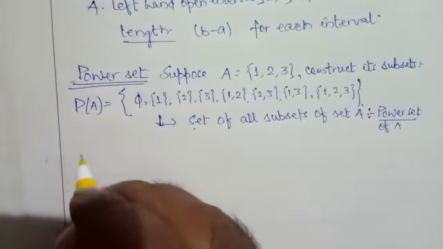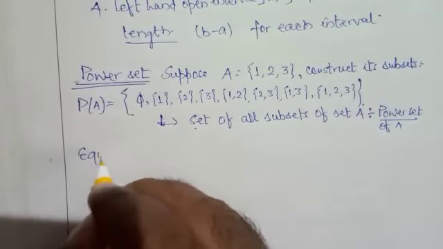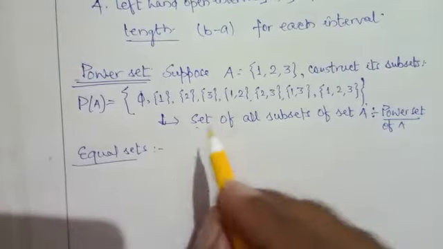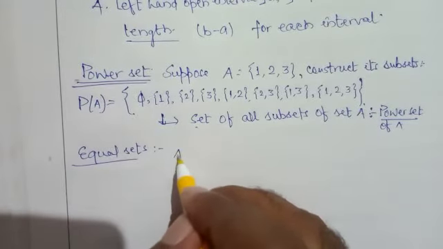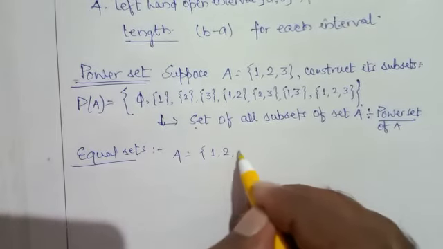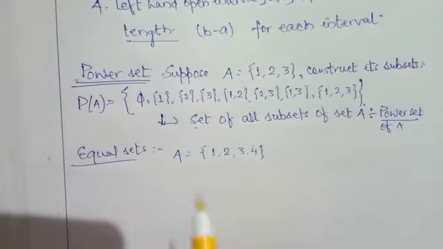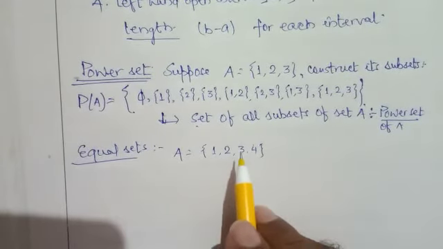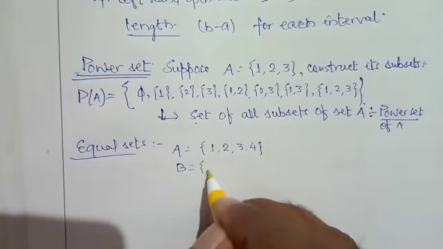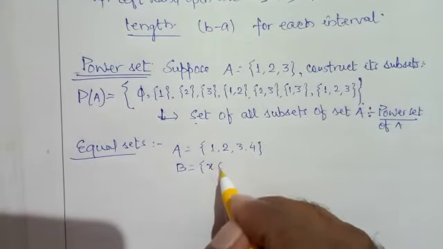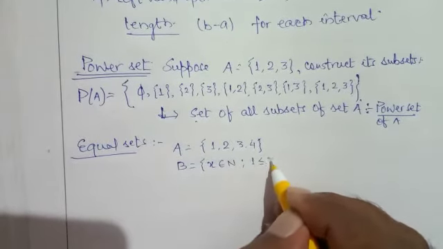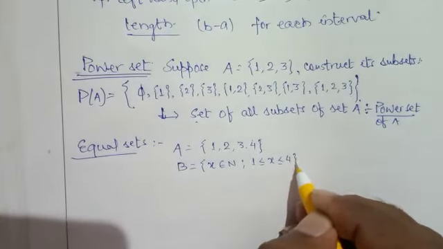And see one more type, equal sets. In the last class we considered an example. Let A be {1, 2, 3, 4}. Consider A {1, 2, 3, 4} is a set, and B is x belongs to natural number and 1 less than or equal to x less than or equal to 4.